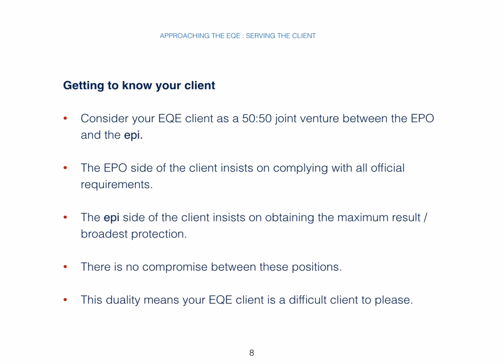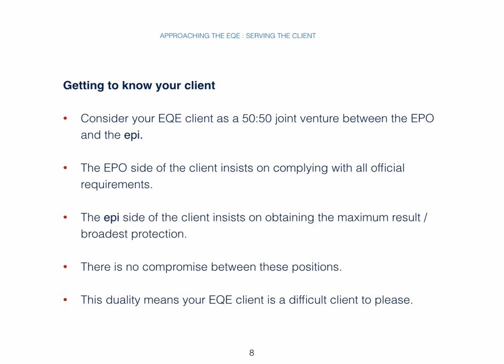Now, the EPO side of the client insists that you should comply with all official requirements, and in fact, the EPO would like us to comply with all official requirements instantaneously and immediately, so there would be no examination procedures.